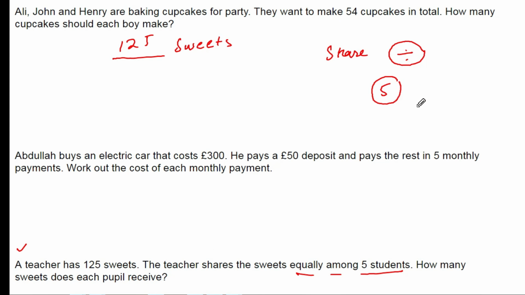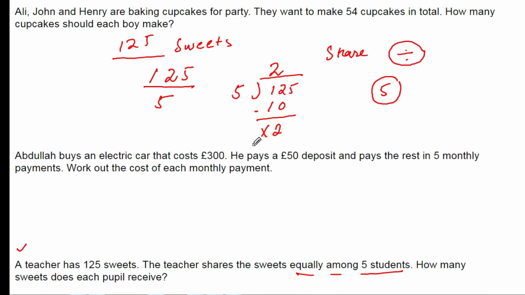So again, whenever you are sharing, you need to divide total sweets by total students, right? So we can use our bus-stop method. You can even use it directly if you have taken the lesson of fraction division. 5 times 2 is 10, and remainder is 2, because 2 minus 0 is 2, and 1 minus 1 is nothing.